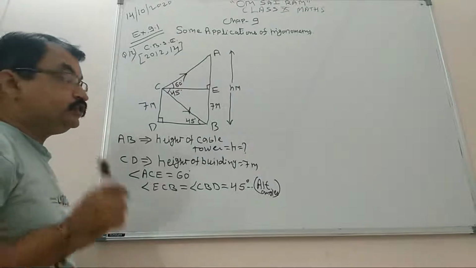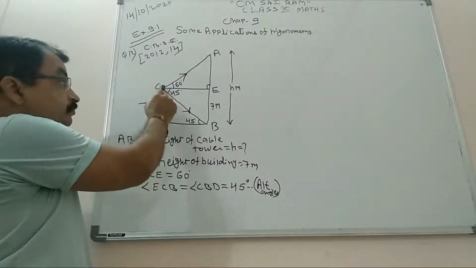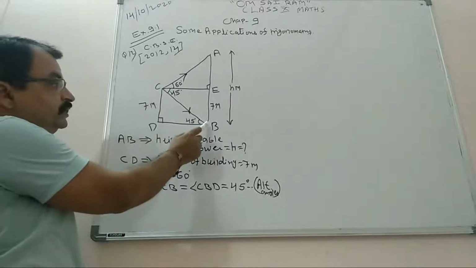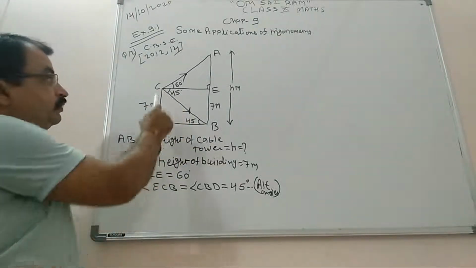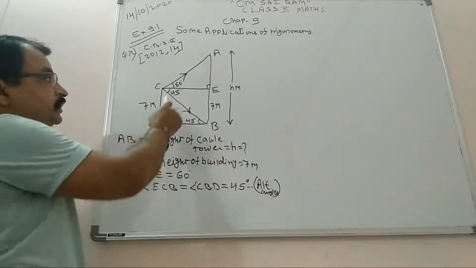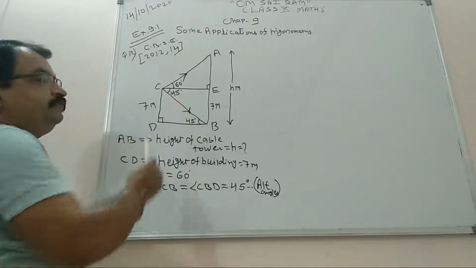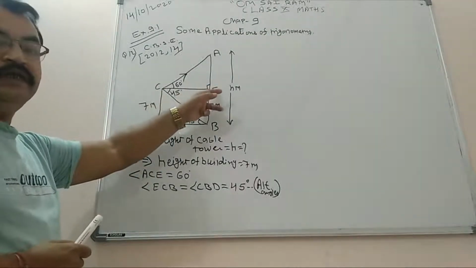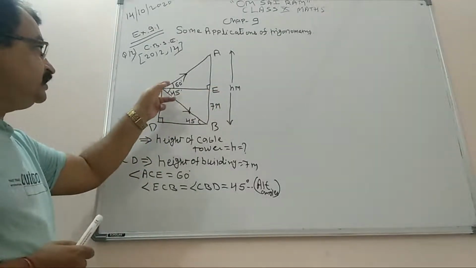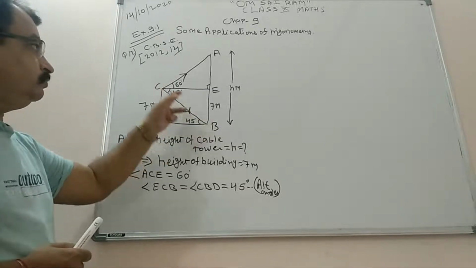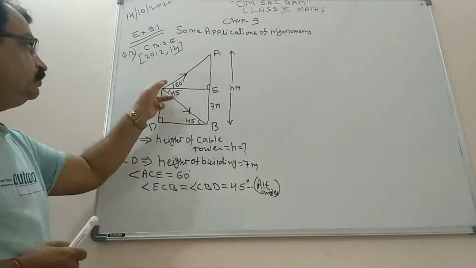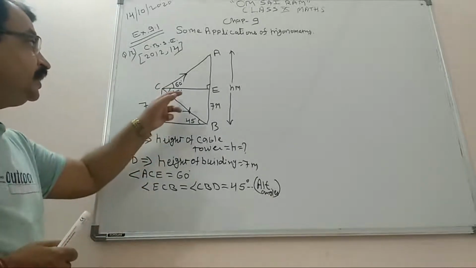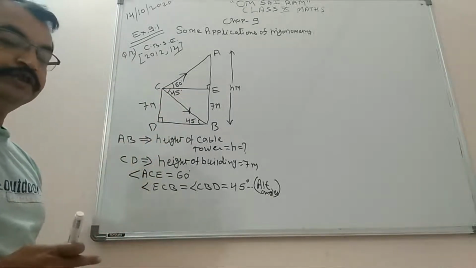And from the same point, the top of the building, when he observes the base of the cable tower, that is from C to B, the angle of depression is 45 degrees. The baseline, of course the horizon line, is CE, and depression is from top to bottom. You can see the arrow I have shown from C to B is the angle of depression. It is 45 degrees, right children?